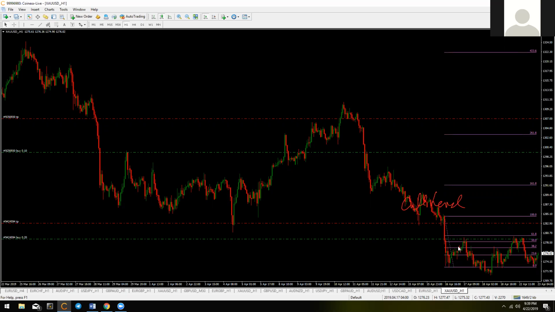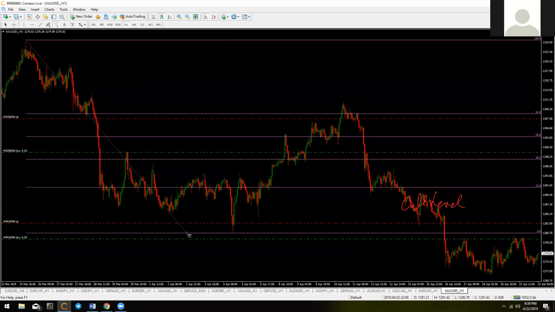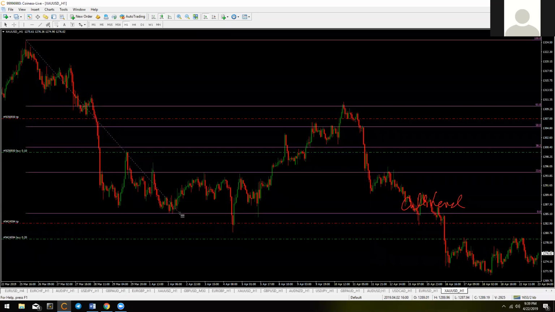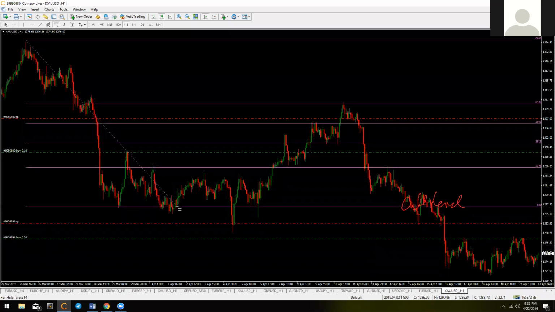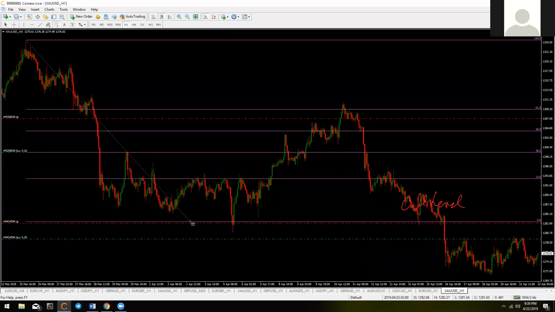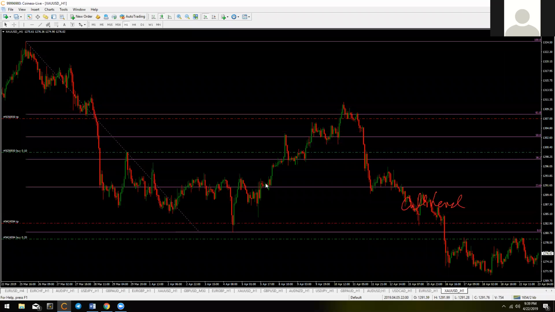Activate it at the 23, take a profit at the 38. Up here, high to the low, and once you hit the 23, you can ride it up here to 68.